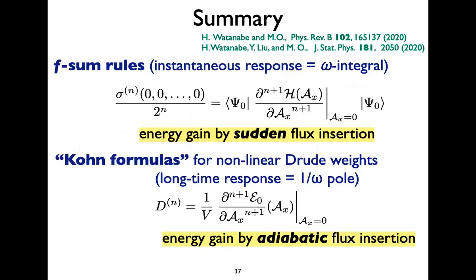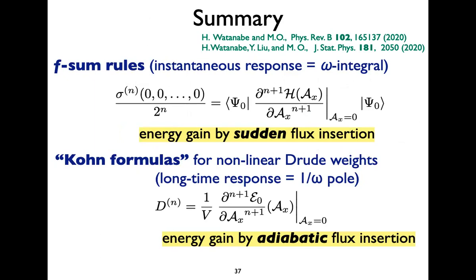I'm running over time, but to summarize, at least as a general formula, we have two nice formulas: the f-sum rules and the Kohn formulas, and both can be generalized very naturally to nonlinear responses.